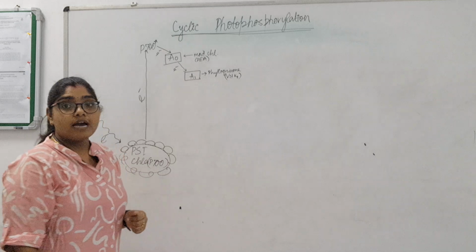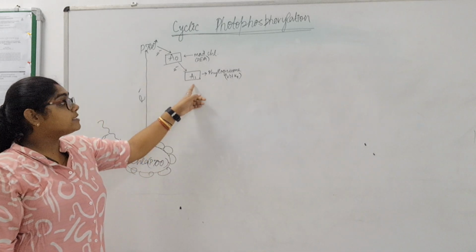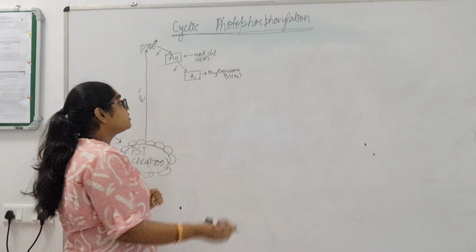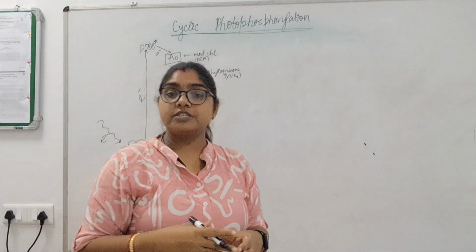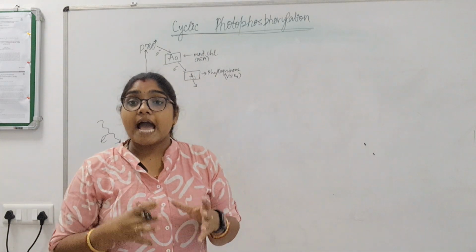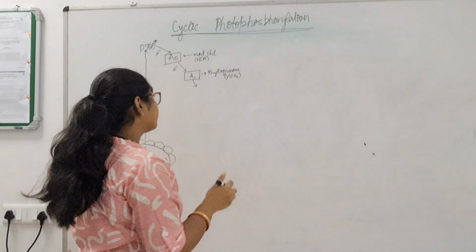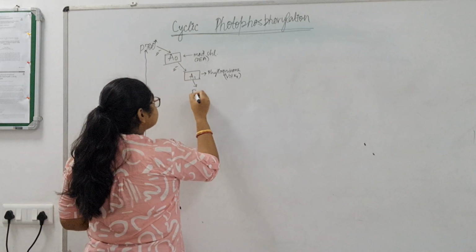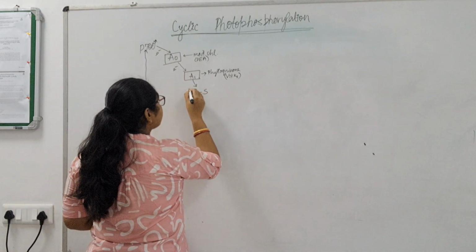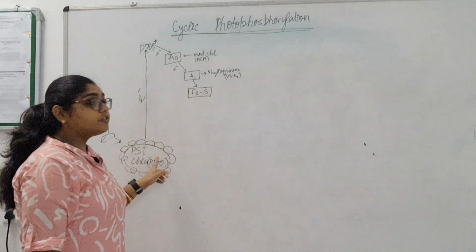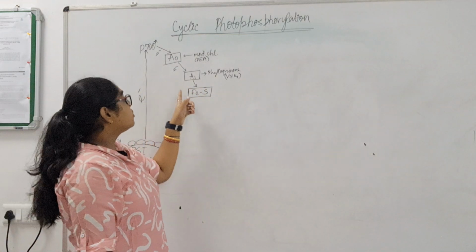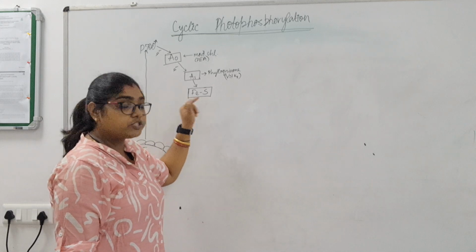Now the electron from this phylloquinone will transfer to the reaction center of photosystem 1. What is the reaction center of photosystem 1? The iron sulfur reaction center. So the electron will transfer to the reaction center.